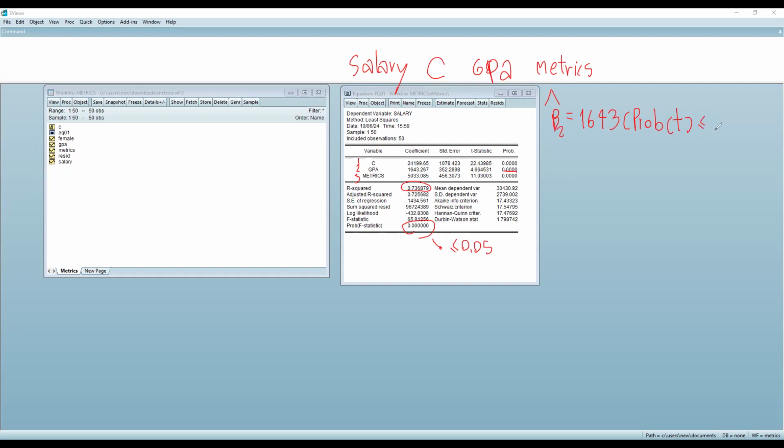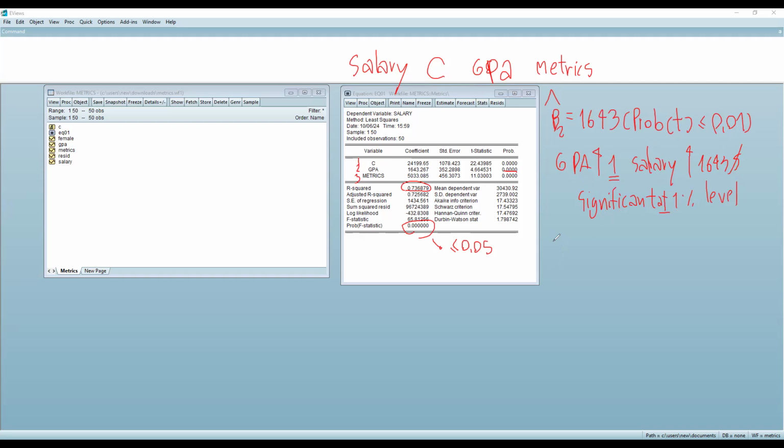This means if GPA increases one unit, the salary increases. Yes, good. Significant at the 1% level. This is a typical thing that you can do.